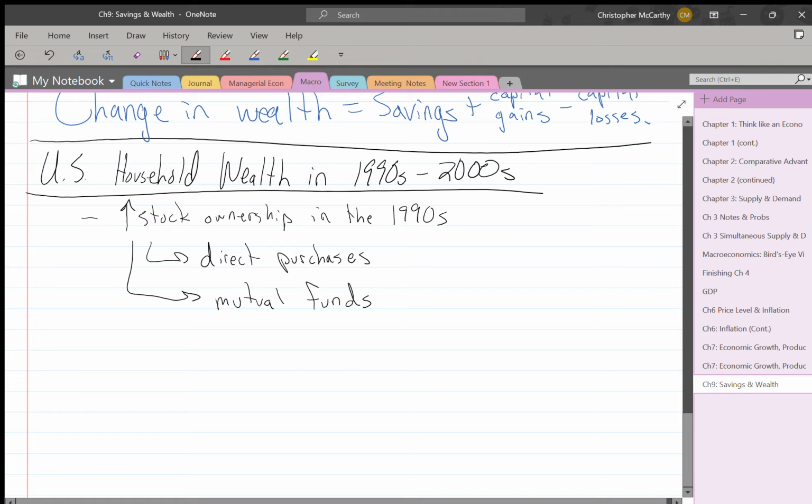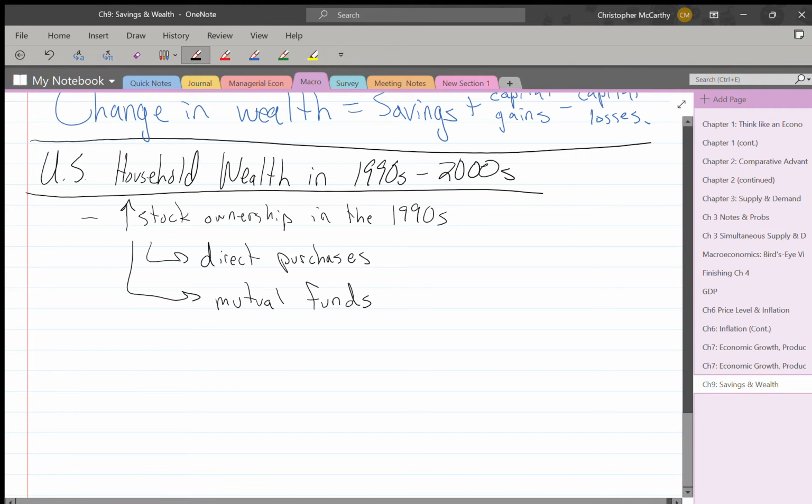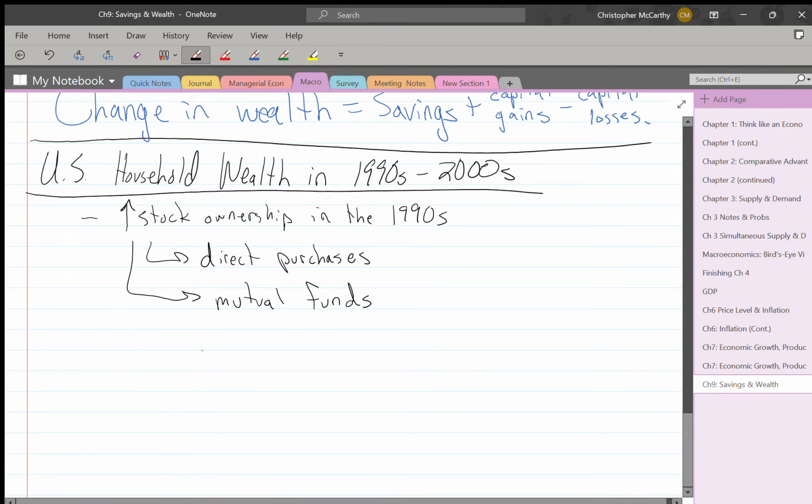So instead of buying a specific stock, now you could buy a broad, diverse investment vehicle that comprises many, many different other stocks or investments. We've got pension and retirement funds.